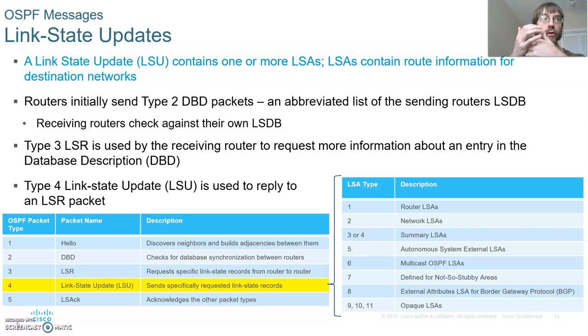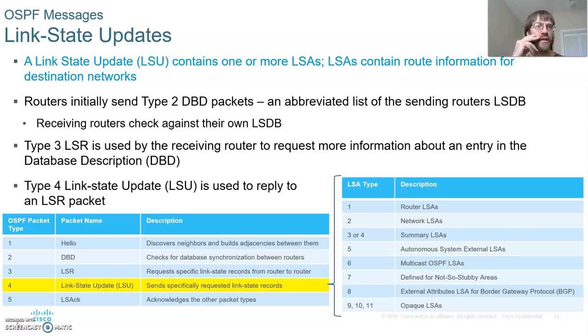Types 3 and 4 are summaries, as in a summarization, a list of networks summarized in a network aggregate, or what we would call a supernet. Type 5 indicates an LSA that is external to the autonomous system. Essentially, it advertises an ASBR. And the ASBR, of course, probably has a default route off the autonomous system.